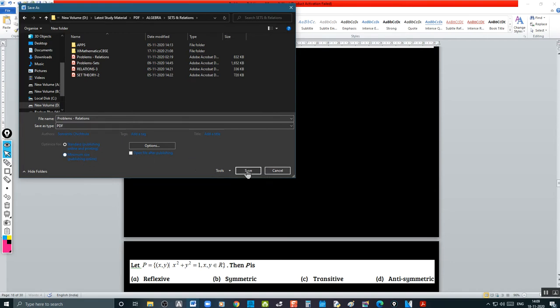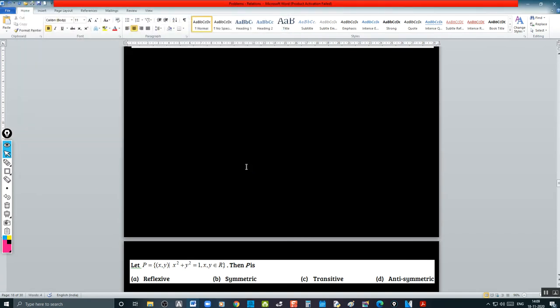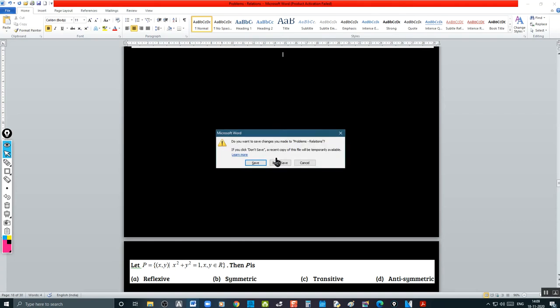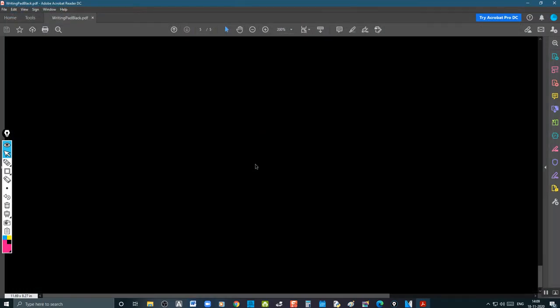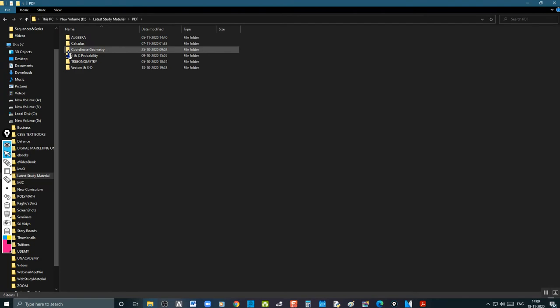Then what should be A cross B then? What should be A cross B? A comma 1. Yes. Correct. A comma 2. B comma 2. C comma 1. C comma 2.